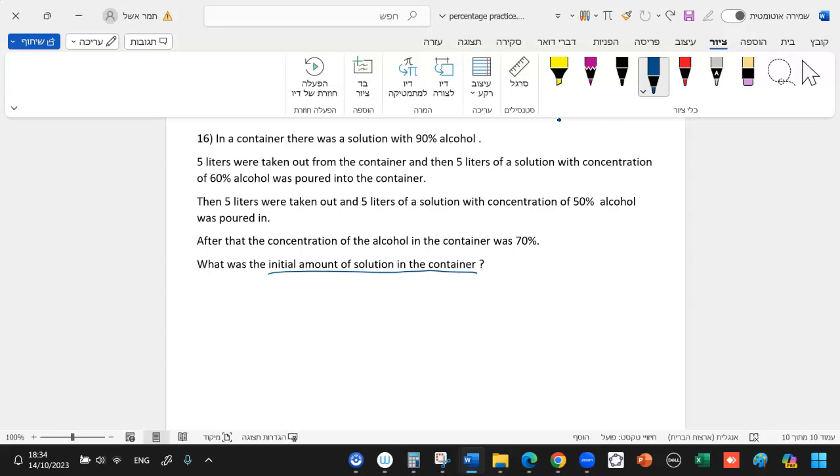Let's describe what happened here. Let's start with the initial condition. The total amount is what we need to find. Let's call it X. And we know that there's 90% of alcohol.